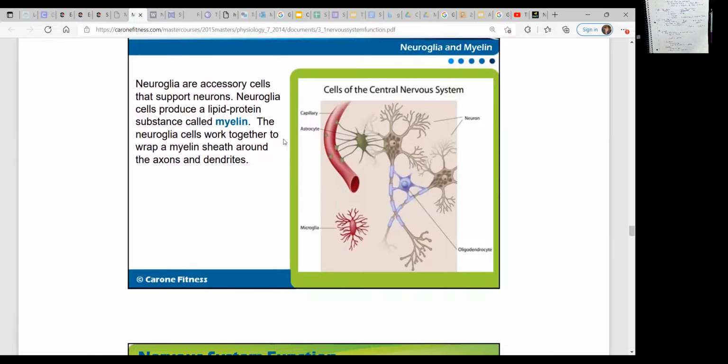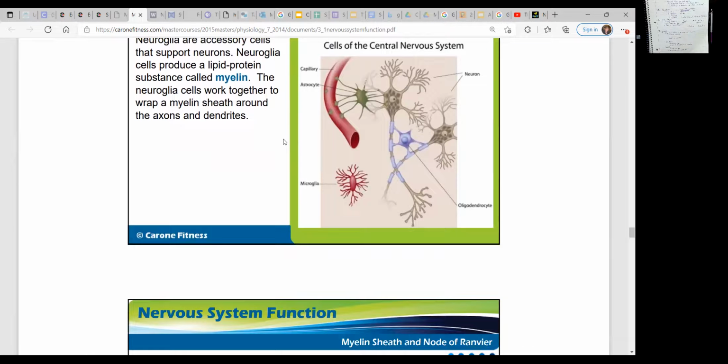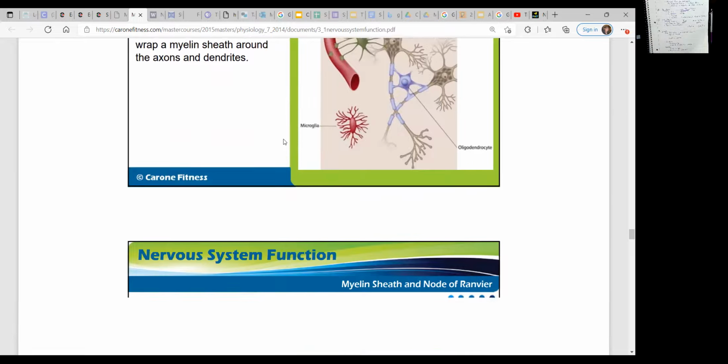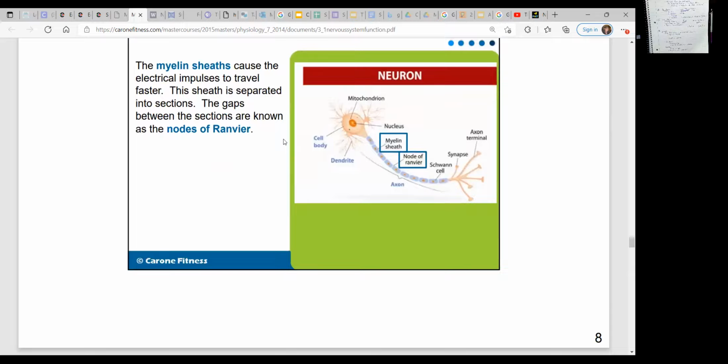And here it gets into the neuroglia cells that produce a lipid protein substance that covers the axon. That myelin sheath is composed of this substance. And this is a result of the work of the neuroglia. Here we have the myelin sheath.